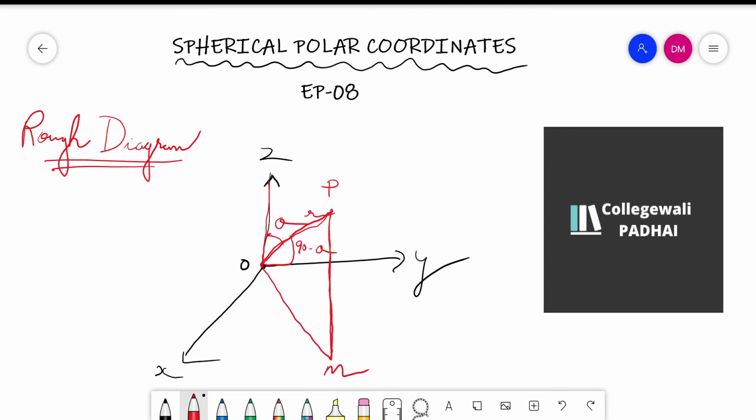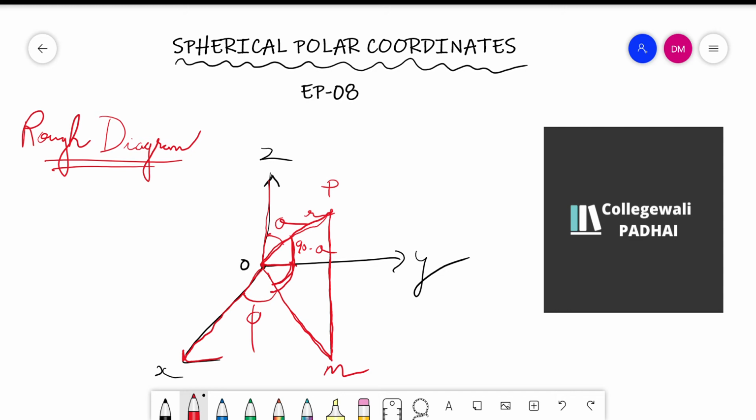Then here X and OM form the angle phi. This can also be extended. You can also extend this.